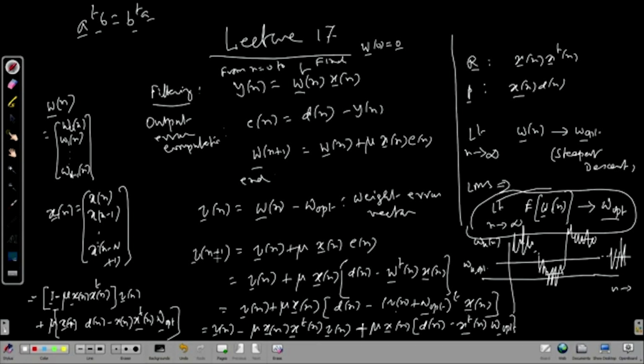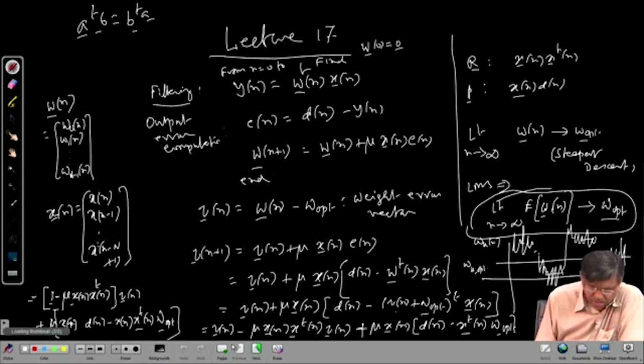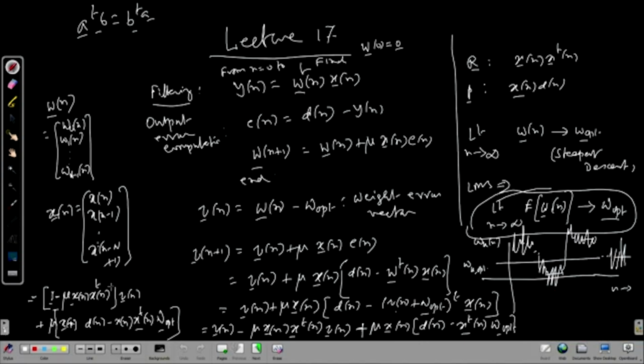Expected value of V n plus 1 will be expected value of these, I minus mu x n x transpose n outside V n.